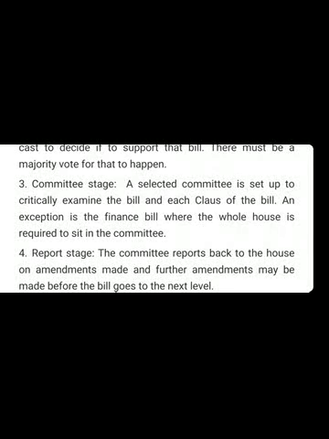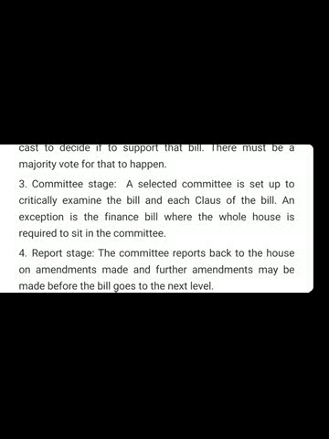Here, a selected committee is made to critically examine the bill and each clause of that bill.